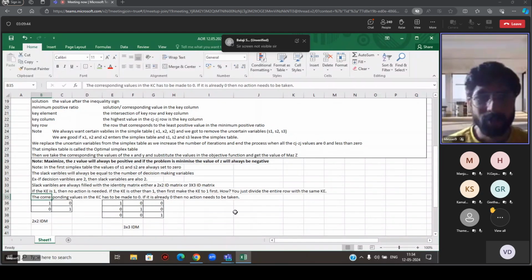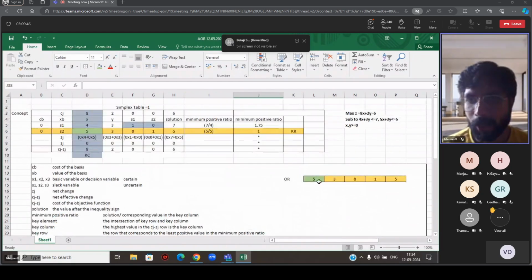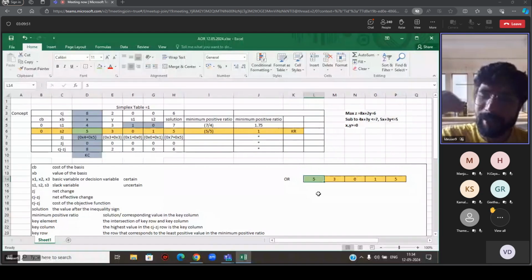Now here the key element is 5. If I have to make it 1, divide that entire row by 5 itself, which is the key element. That time you can make the key element 1.